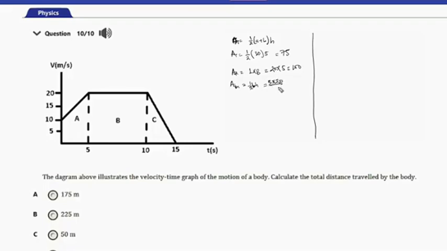Then the height here is 20, and half BH is going to be 20 times 5, which is 100, then over 2, which is 50. So guys, if we add these three together, that will give us 75 plus 100 plus 50. So that will be 225, guys. So option B is the answer to this question.